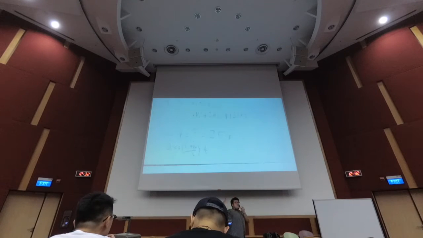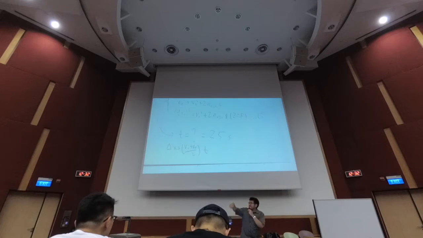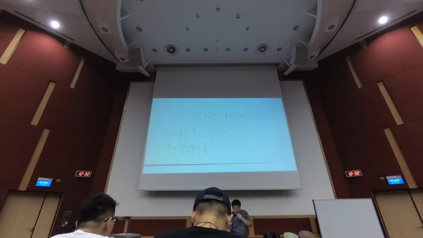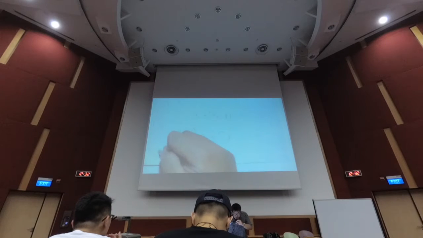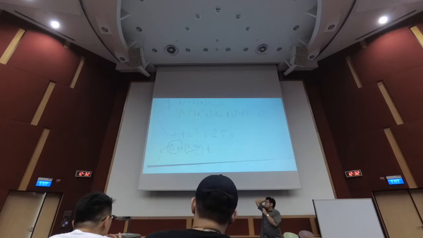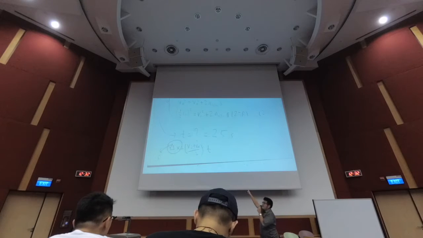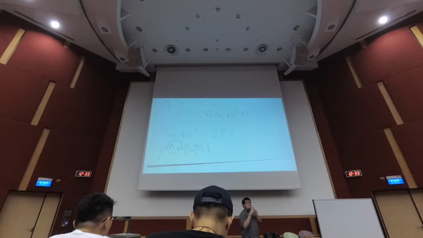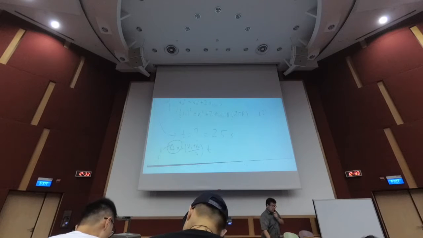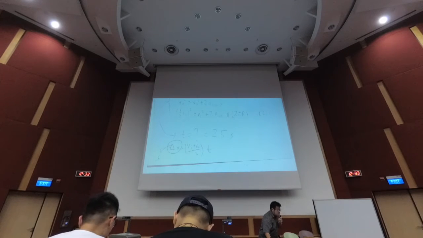We can also use this for circular motion. You just change delta x to the distance, and from here you can find time using only one equation. Okay, good, that method works. Any other point or question?